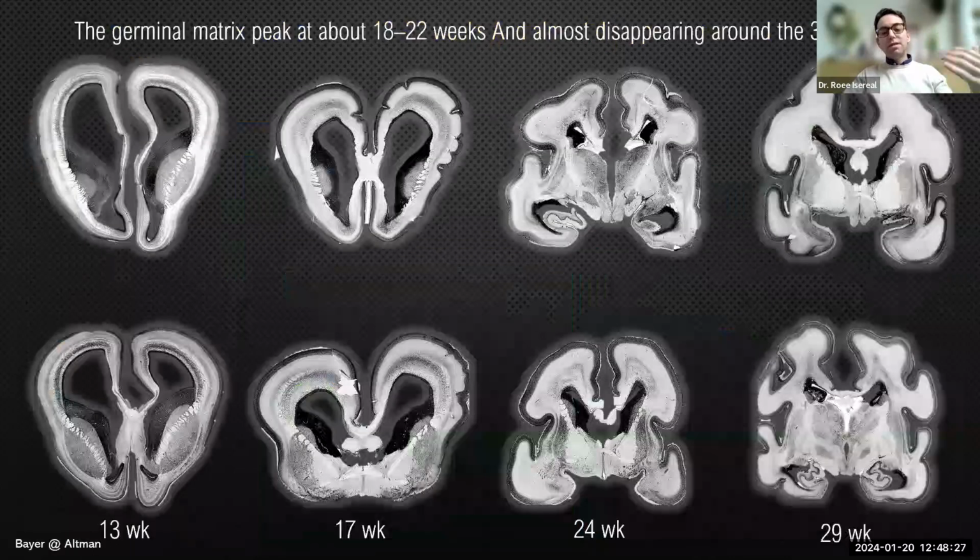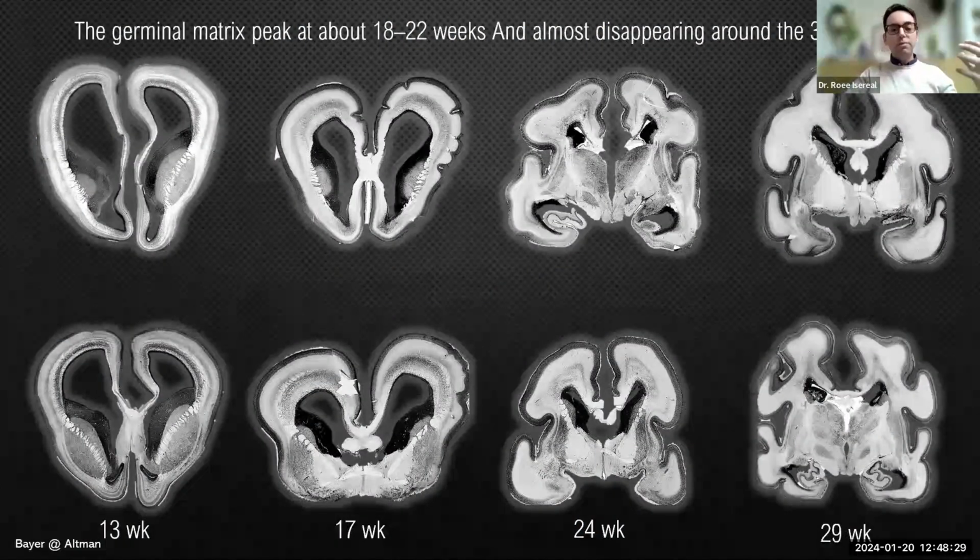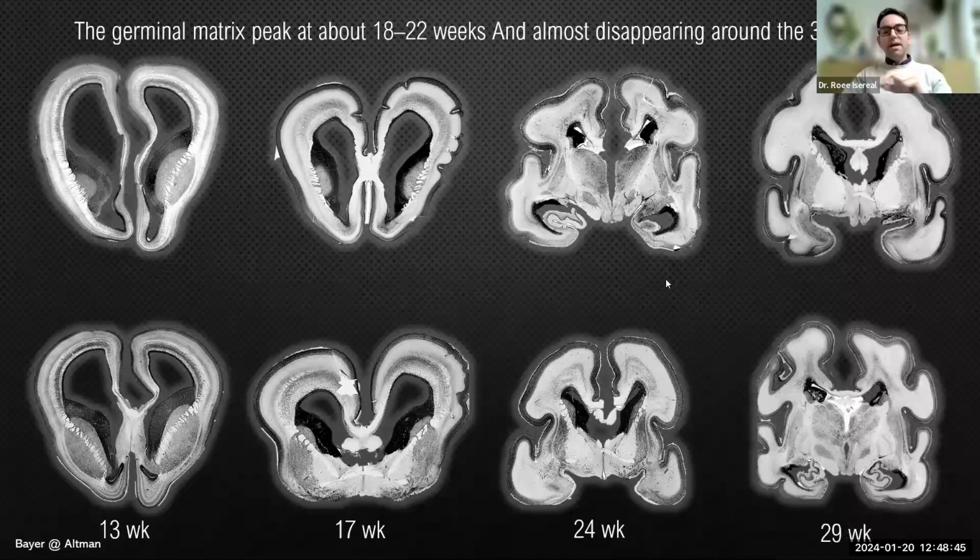What happens to the ganglionic eminence, or generally to the proliferative areas of the brain, after the neurons finish proliferating and the last waves of migration have departed? During pregnancy, the germinal matrix, stained here in black, gradually decreases in volume and size.